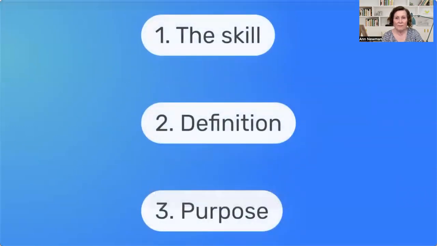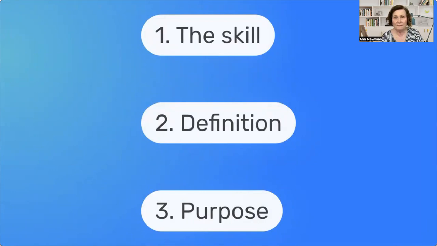As I said, the skill that we're learning today is context clues. What do we mean by context clues? Well, they're hints within a sentence or a paragraph or maybe a passage that you can use to understand the meaning of a new or unfamiliar word. Why would you want to do this?